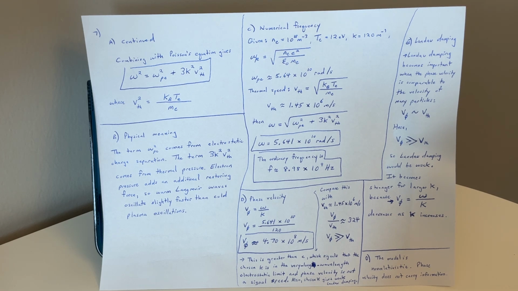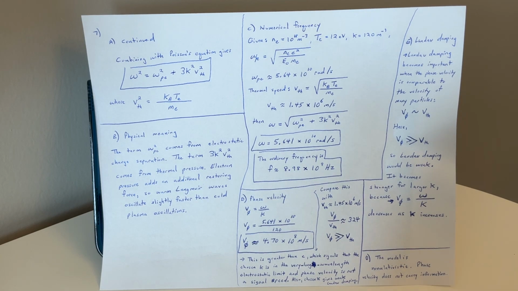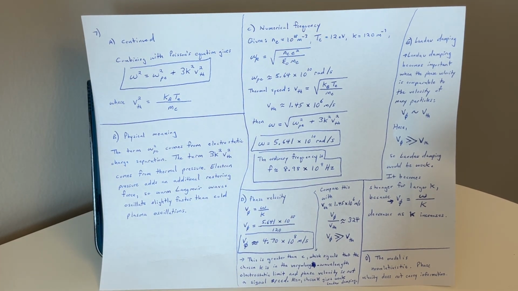Okay, so moving along to letter E. Letter E, under what conditions would Landau damping become important? Okay, so Landau damping becomes important when the phase velocity is comparable to the velocity of many particles. So this would be when v sub phi is approximately v sub th.